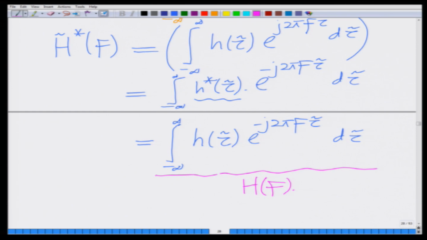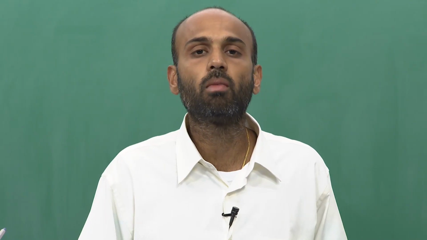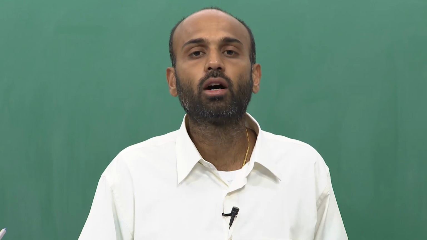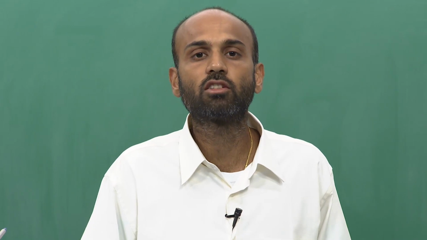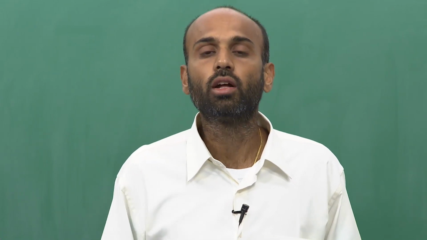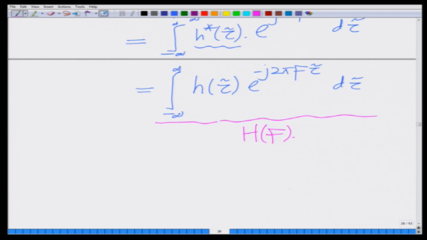We have the integral from minus infinity to infinity of h of tau tilde e raised to minus j 2 pi f tau tilde d tau tilde, and this is nothing but the Fourier transform of h of tau. So, we have h of minus tau, which is equal to h tilde of tau, whose Fourier transform is h tilde of f.